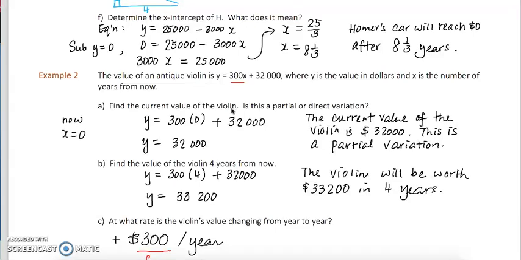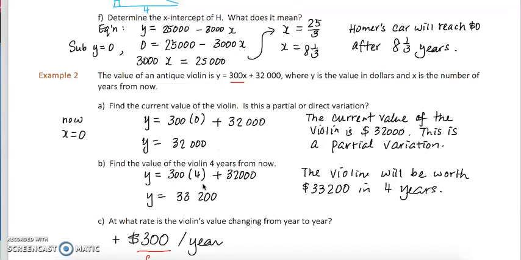Well, when we are starting out, currently, initially, we can say that the x value, or time, is 0. So substitute 0 into the equation, work it out, and you get 32,000, which means that the current value of the violin is $32,000, and this is a partial variation.